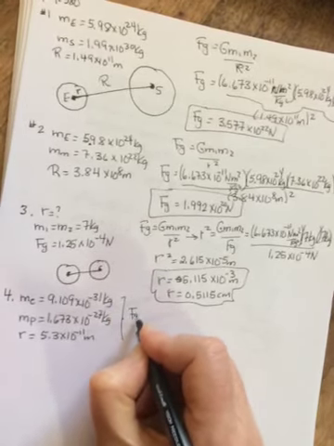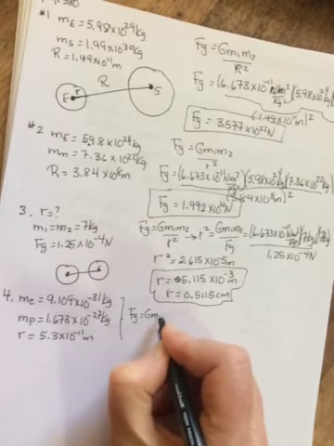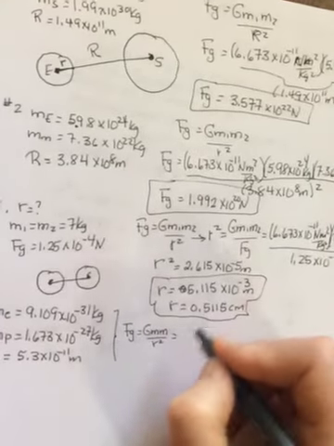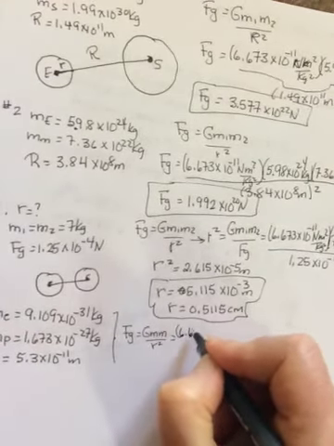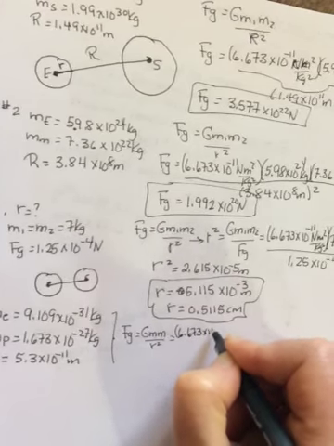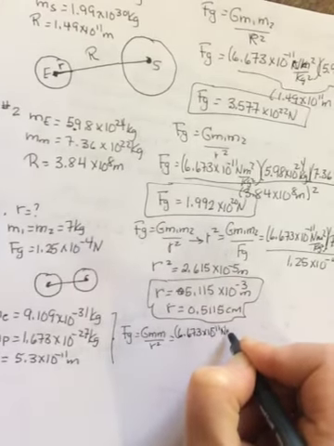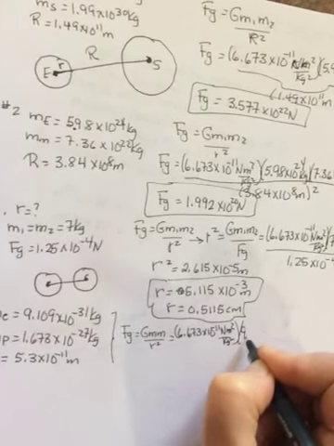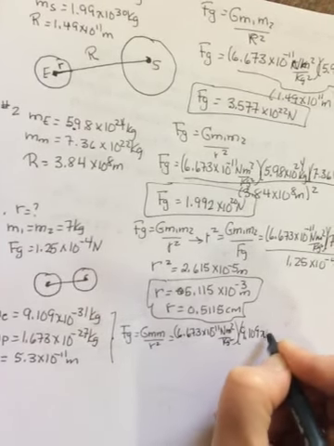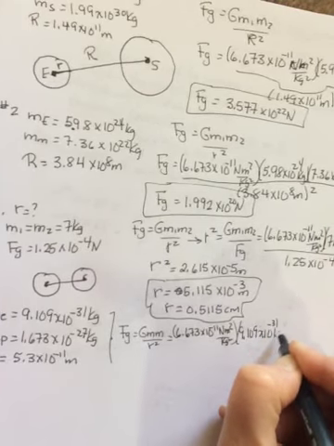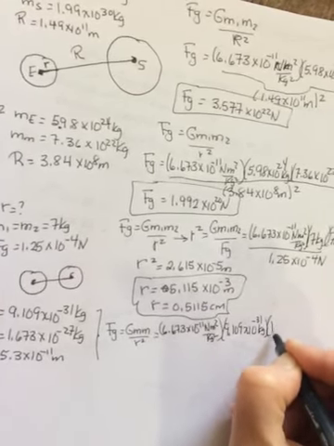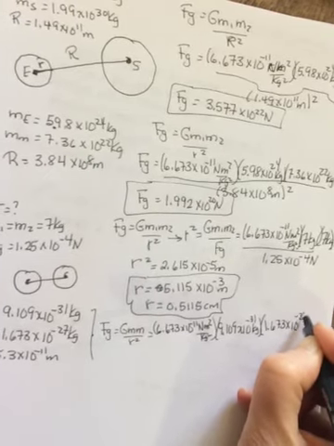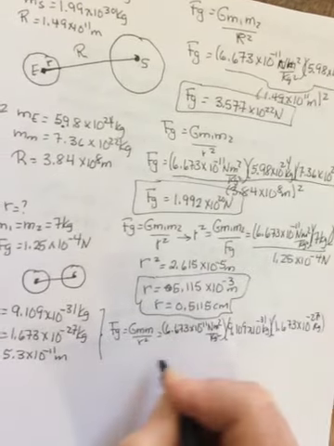So you're looking for Fg equal to G M1 M2 over R squared. So 6.673 to the negative 11 Newton meters squared per kilogram squared times 9.109 to the negative 31 kilograms times 1.673 to the negative 27 kilograms.